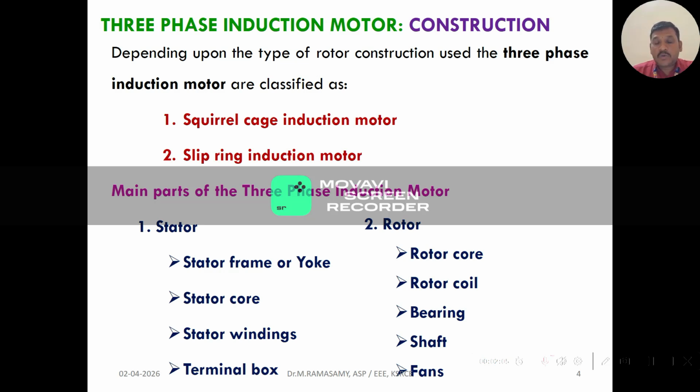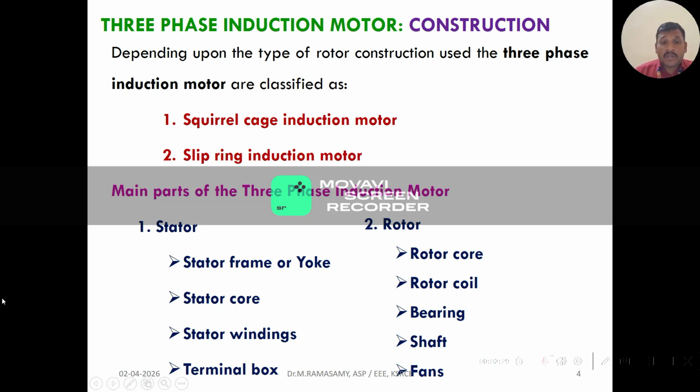Basically there are two kinds of machines used in industrial and domestic applications. One is the squirrel cage induction motor, which is mostly used in industrial and domestic applications, and the slip ring induction motor is rarely used, and it is selected for high torque requirement applications.